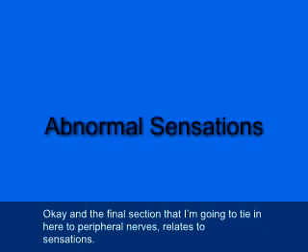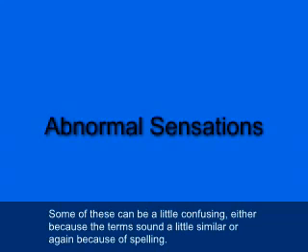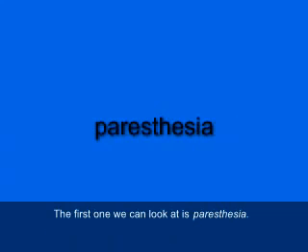Okay, and the final section that I'm going to tie in here to peripheral nerves relates to sensations. And some of these can be a little confusing, either because the terms sound a little similar or again because of spelling. First one we can look at is paresthesia. Paresthesia.